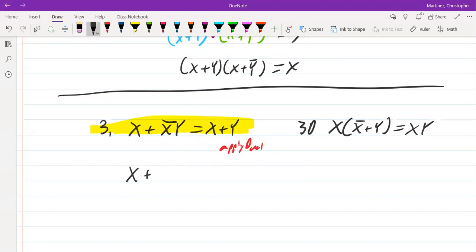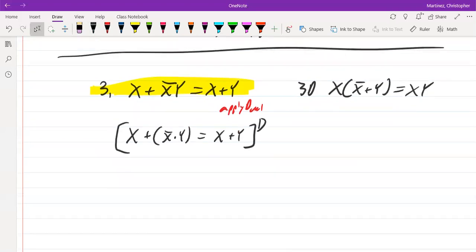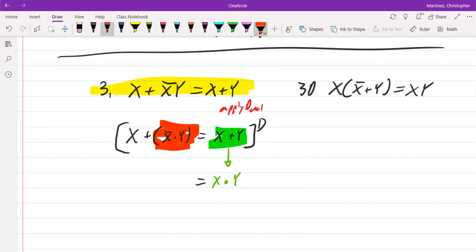Okay, so I've got x plus, and I'm going to put this in parentheses, x bar ANDed with y. So that ends up being the same, x plus y. And I'm going to take that whole quantity. I'm going to apply the duality on it. All right, so let's start on the right-hand side. So that in green, I'm going to take the plus, the or becomes an and, it's y, x. Okay, I have equals. Let me take this item in red. I'm going to apply the duality to it.